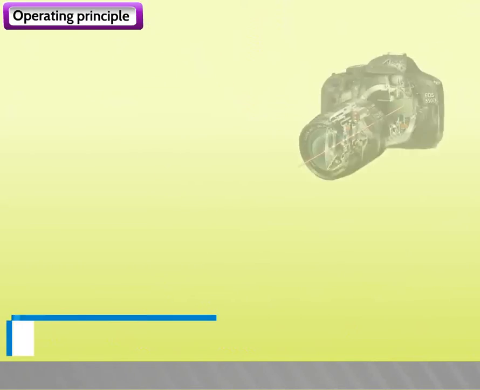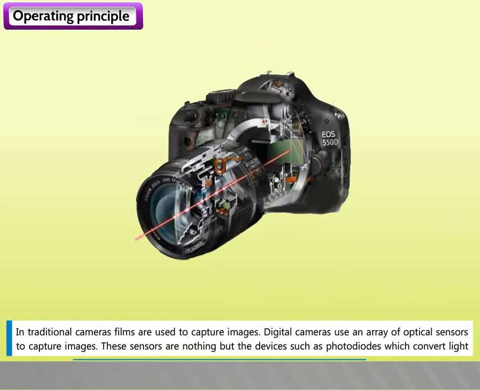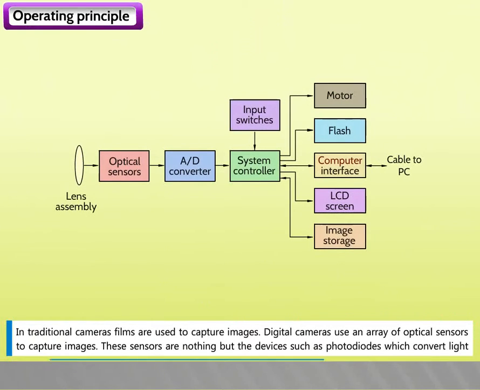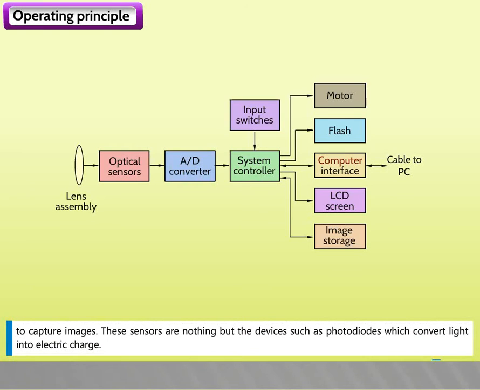Operating principle. In traditional cameras, films are used to capture images. Digital cameras use an array of optical sensors to capture images. These sensors are nothing but devices such as photodiodes which convert light into electric charge.